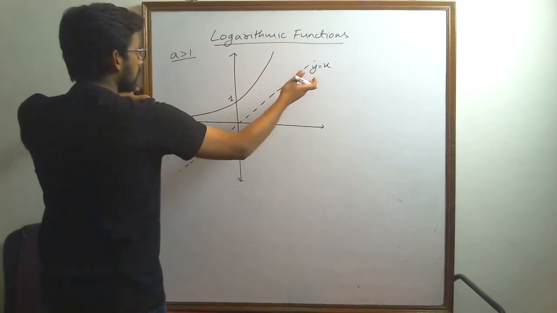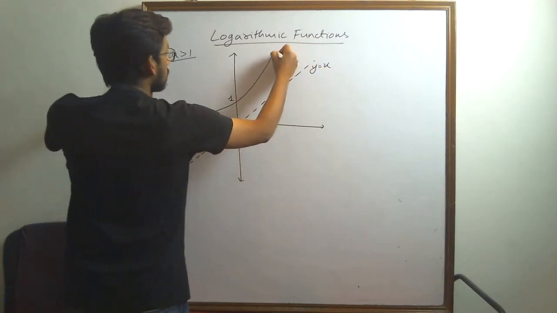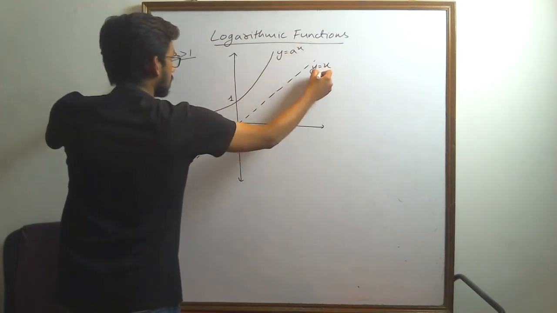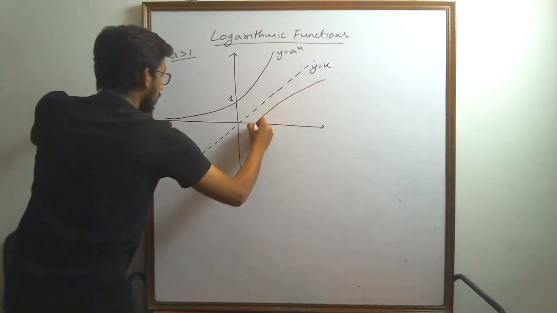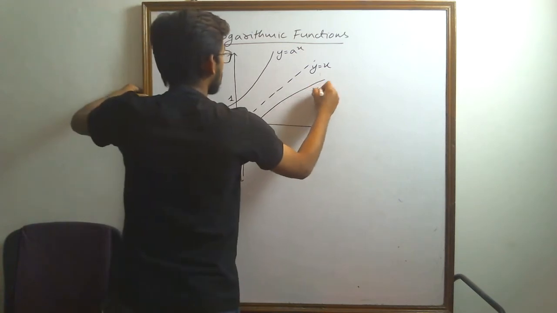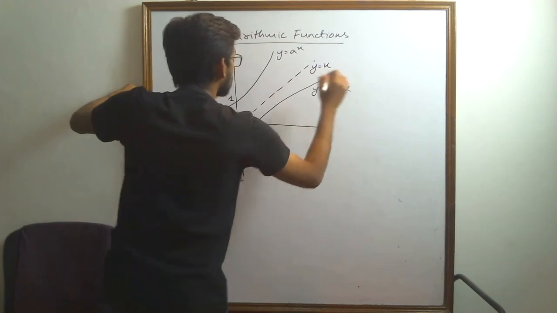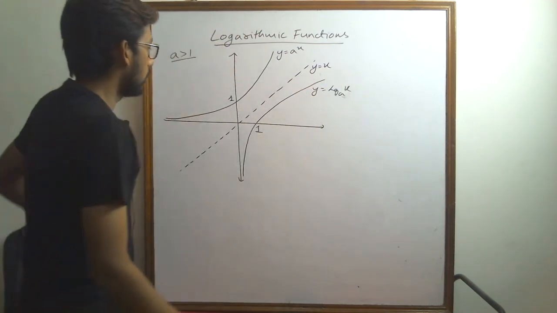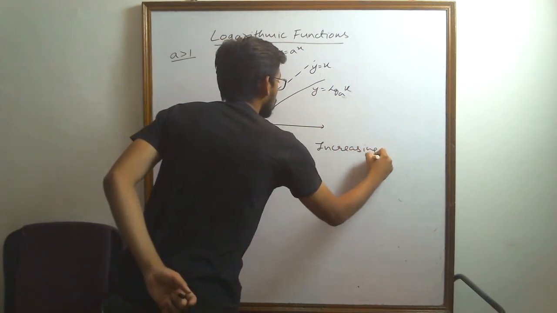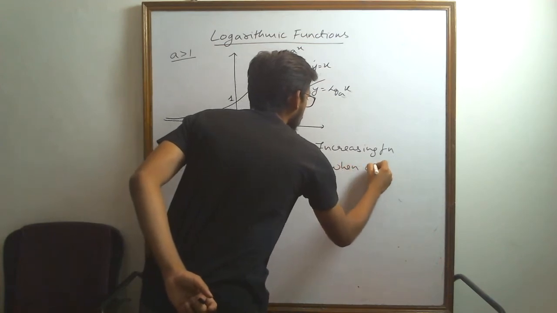The graph of the logarithmic function will be reflection of this with respect to y is equal to x, which will be this. So this is y is equal to log x to the base a. This is when the function is an increasing function, that is when a is greater than 1.